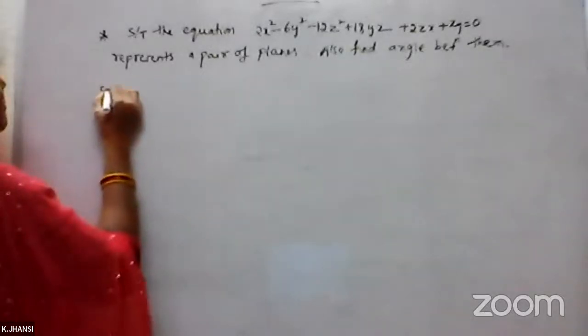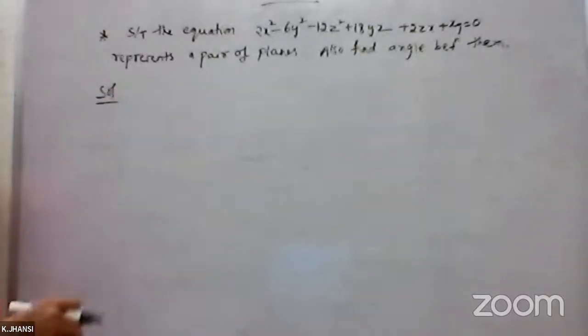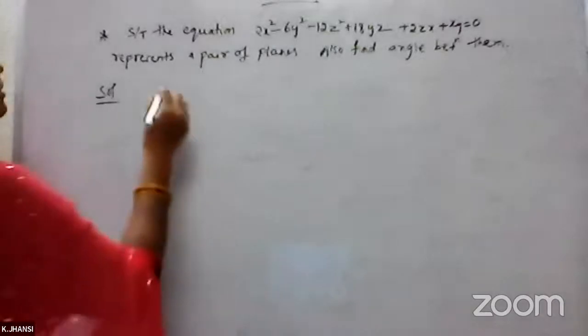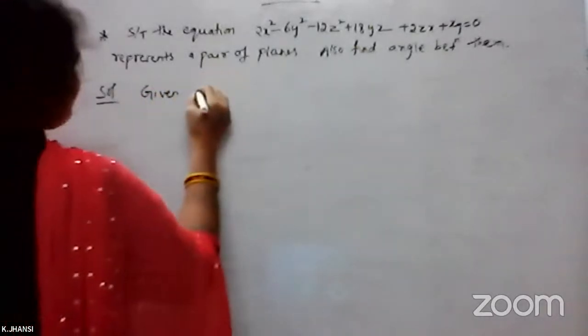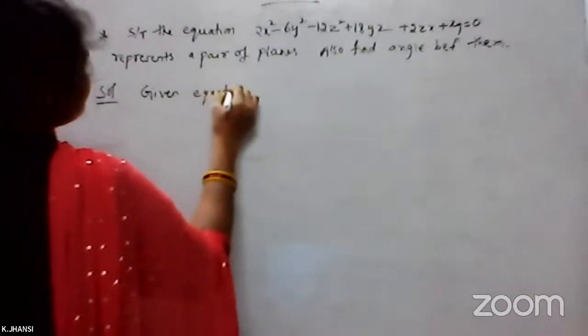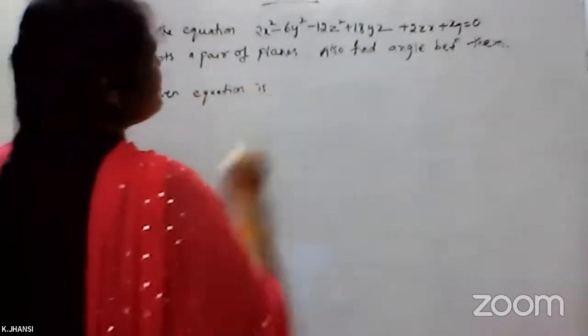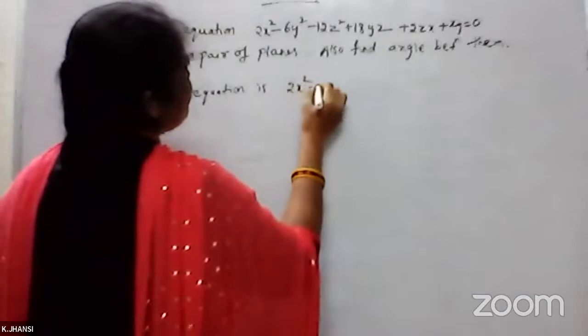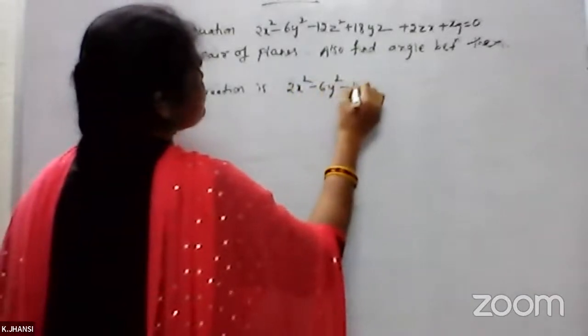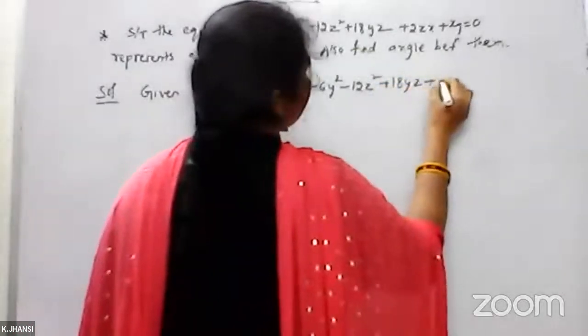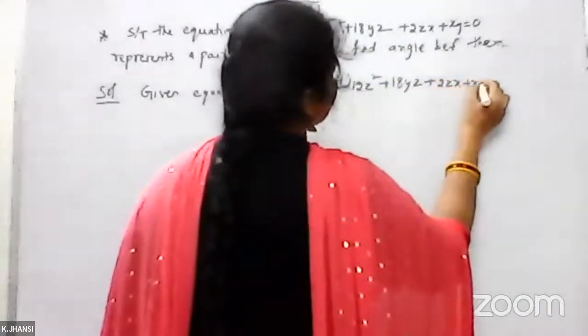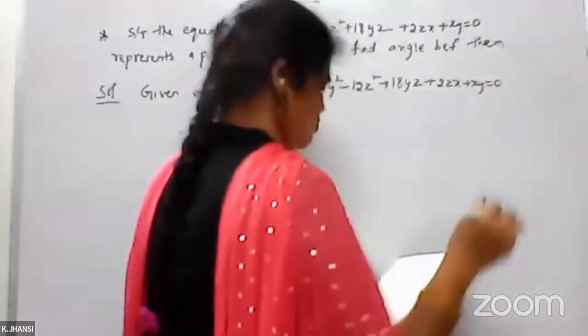First you compare the given equation, 2x square minus 6y square minus 12z square plus 18yz plus 2zx plus xy equals 0.